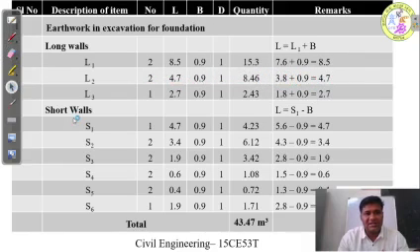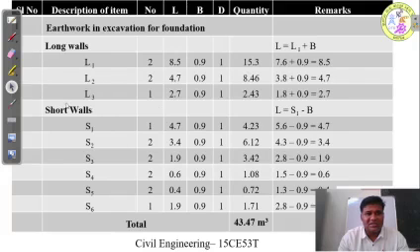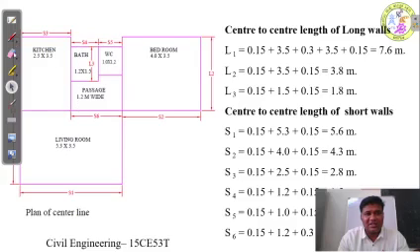Similarly, for L3, there is only one wall of L3, that is this one, the partition wall between the bathroom and the water closet. The center to center length of L3 is how much? 1.8, and the number is 1.